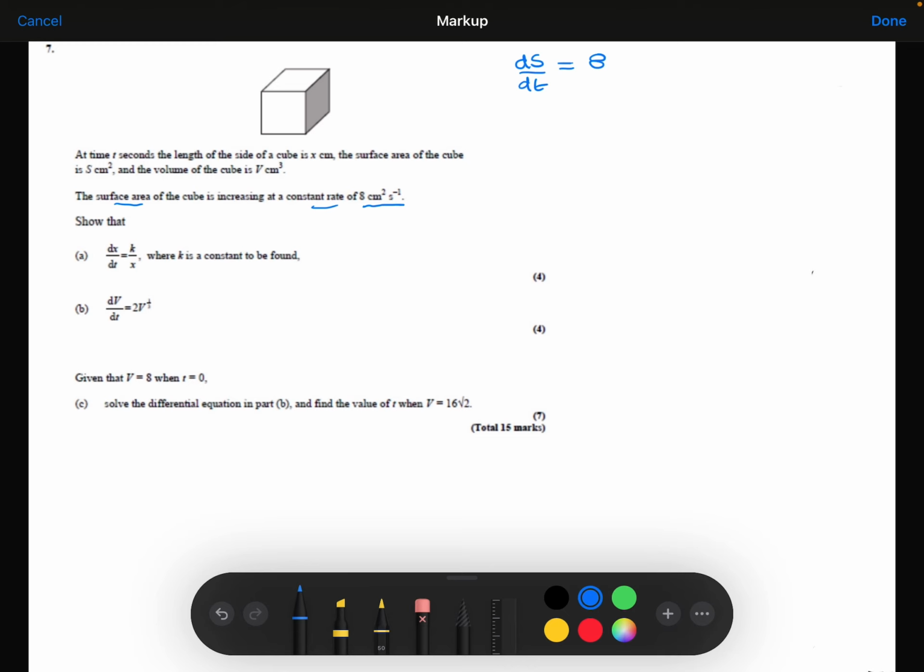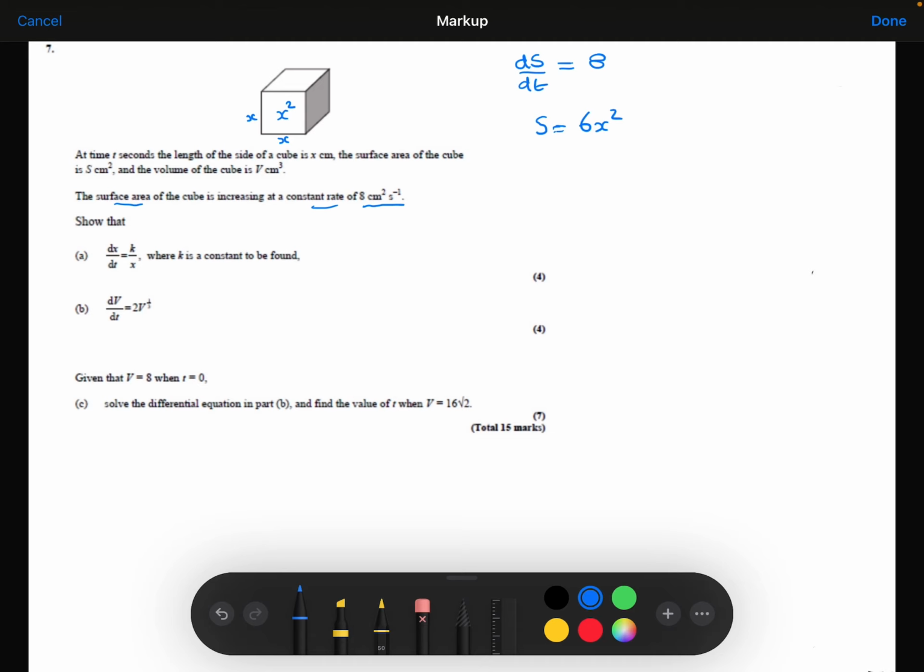Now, I know that the surface area of this cube is the area of each of the faces. If its side is x, then the area of this side is x squared, so therefore the surface area of the cube is 6x squared, because you've got 6 faces, each with an area of x squared.